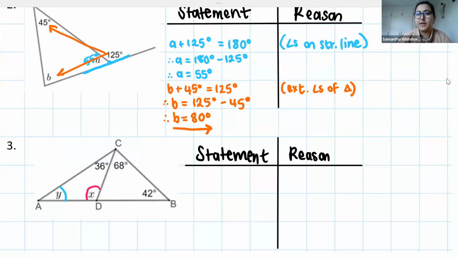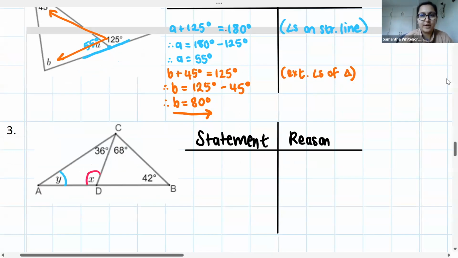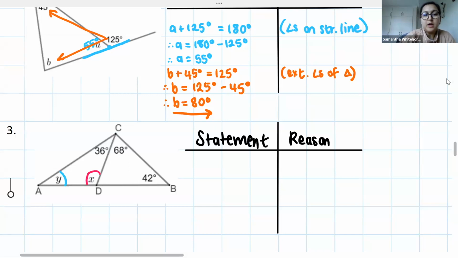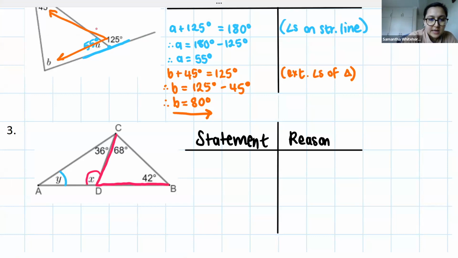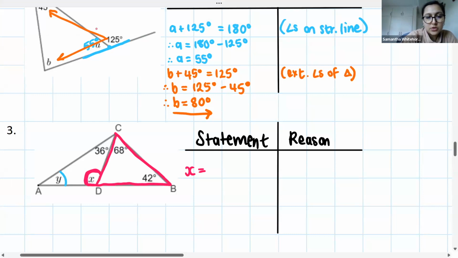Alrighty, let's have a look because we're getting varying answers here. Okay, I'm going to start with X again. I'm going to go alphabetical. It doesn't matter though. So what I see for X is the fact that X is an exterior angle to this triangle CBD. So this triangle I've drawn in pink, it is an exterior angle to that triangle. So what I know is that X is equal to the sum of the two opposite interior angles.